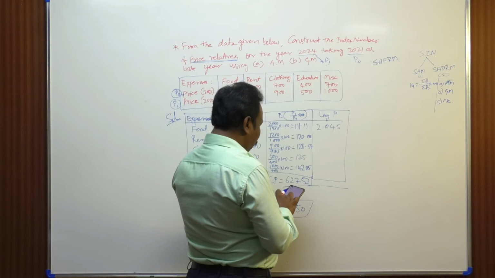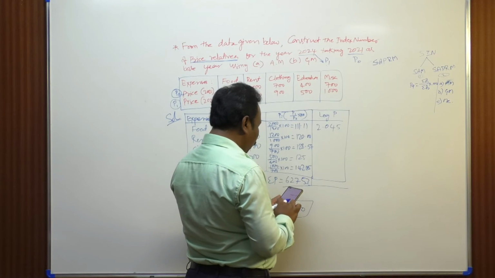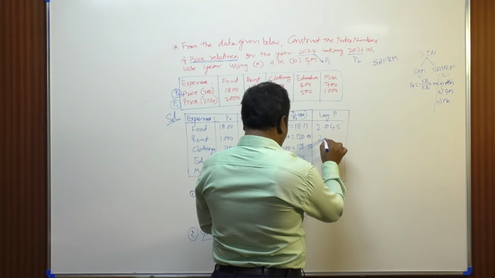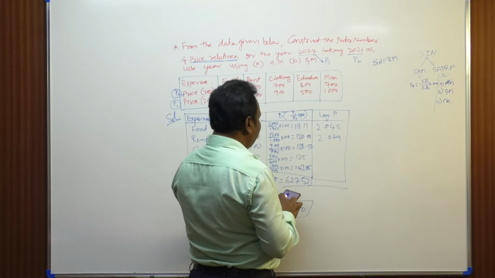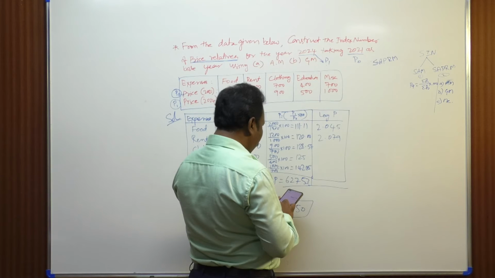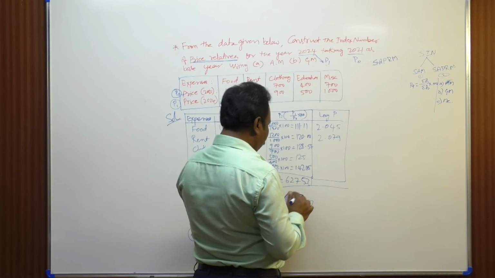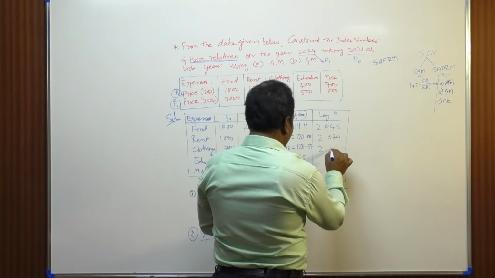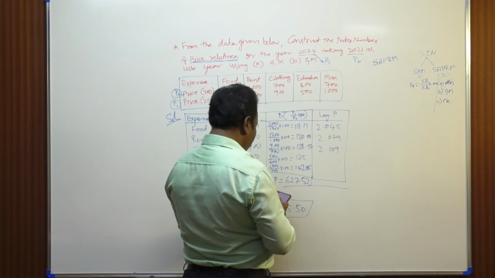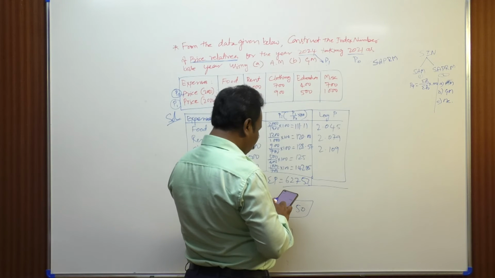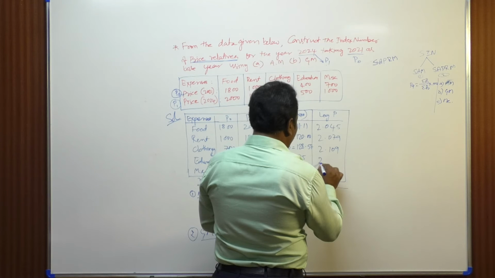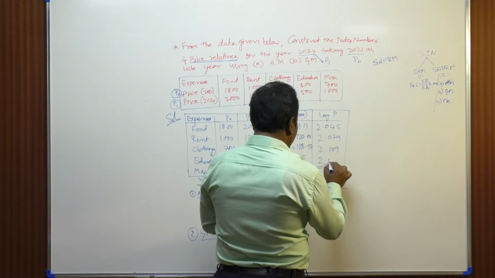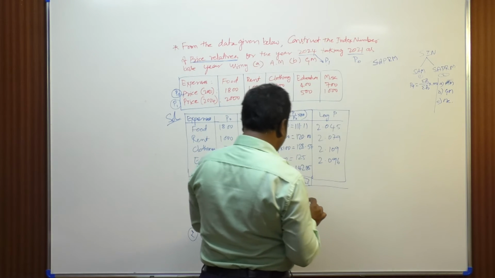Then log of 120 equals 2.079. Then log of 128.57 is 2.109. Then log of 125 equals 2.096.